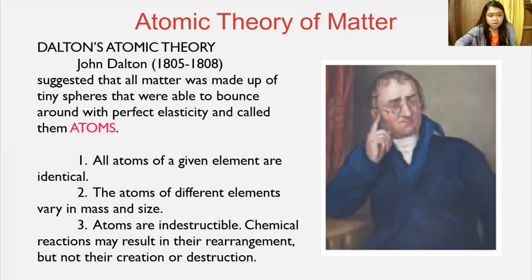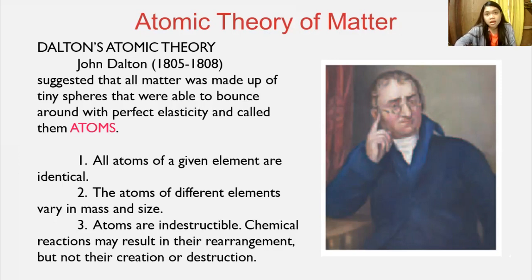So while he claims that all atoms of an element are identical, different elements have atoms of different sizes and different masses. Next is that atoms are indestructible. Chemical reactions may result in their rearrangement, but not their creation or destruction.